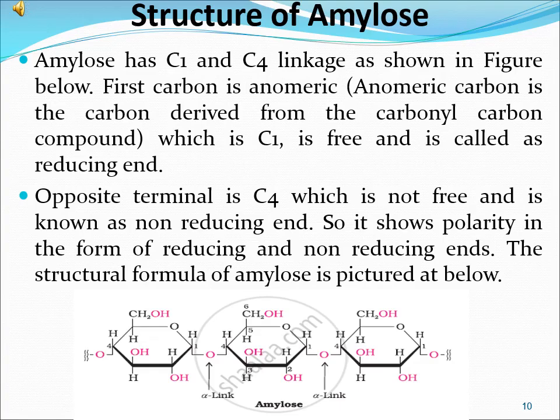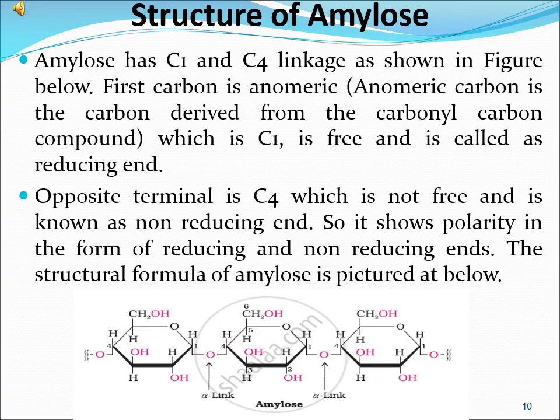First carbon is anomeric. Anomeric carbon is that carbon which is derived from the carbonyl carbon compound, and in the structure, C1 is free and is called the reducing end. The opposite terminal is C4, which is not free and is known as non-reducing end. So it shows polarity in the form of reducing and non-reducing ends.